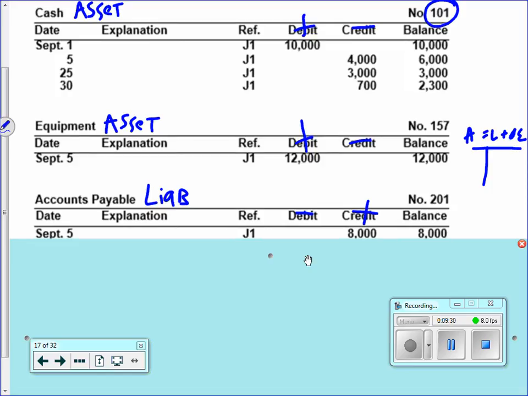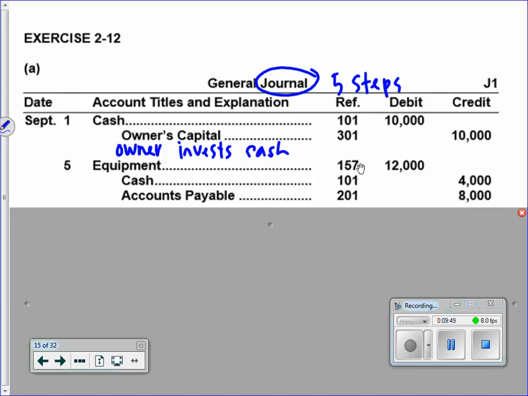Soon and very soon, you're going to just know that a credit in AP is pretty normal, AP is normal. But for now, I like pluses and minuses, and I would assume you would agree. Good. Take all of those account numbers and make sure they get back to the reference column of your journal.